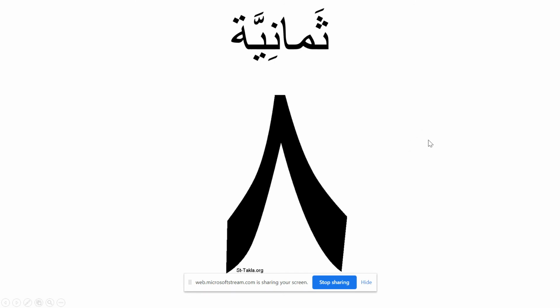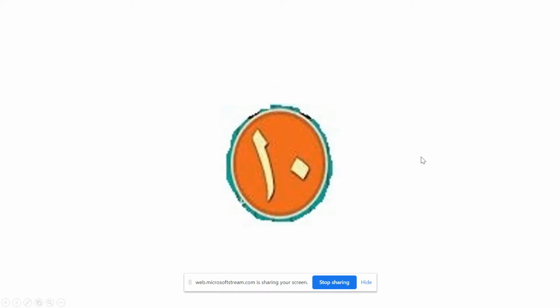And this nine looking character is actually a nine. It's tisa. There's a soft H at the end of these. And just like in English, we don't say one and zero when we talk about 10. We have a separate name for it. It's ashra.